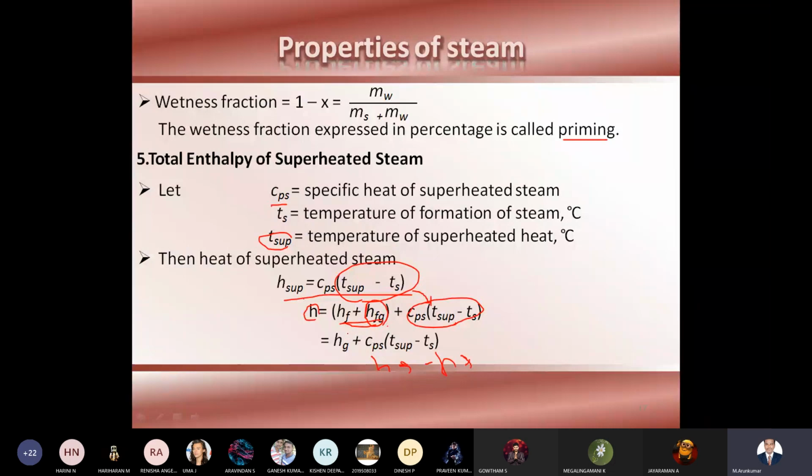So here is plus hf, and here is minus hf. Then these two will cancel, and finally we can have the equation as hg plus Cps into change in temperature, right? So this is the equation for the superheated steam enthalpy.